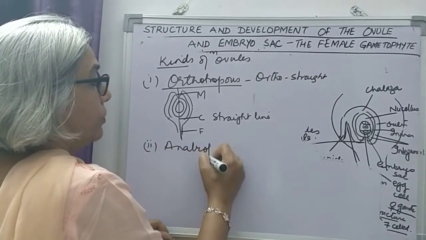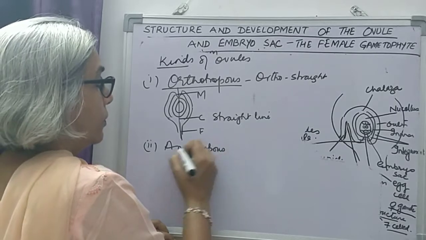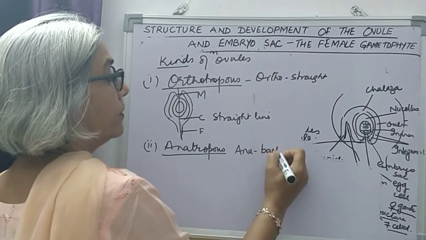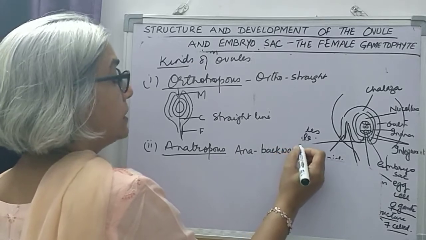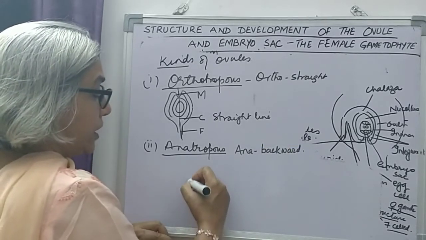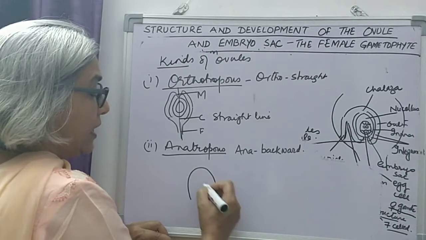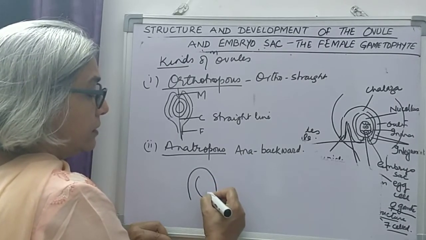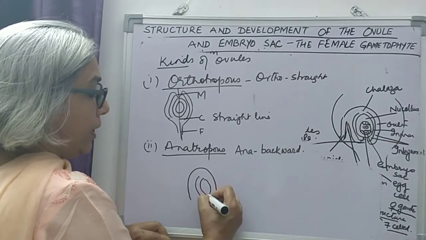Second, the anatropous ovule. Ana means backward. This kind of ovule is bent, and the micropyle and funicle are close to each other.